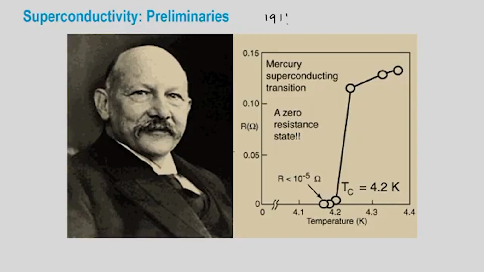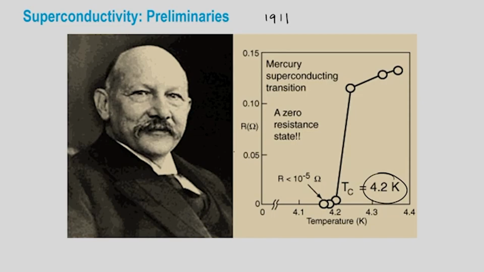This was in 1911 when Kamerlingh-Onnes, whose picture is here, discovered this. About 3 years before that, helium was liquefied in 1908, which makes this 4 Kelvin or 4.2 Kelvin accessible to the experimentalist.